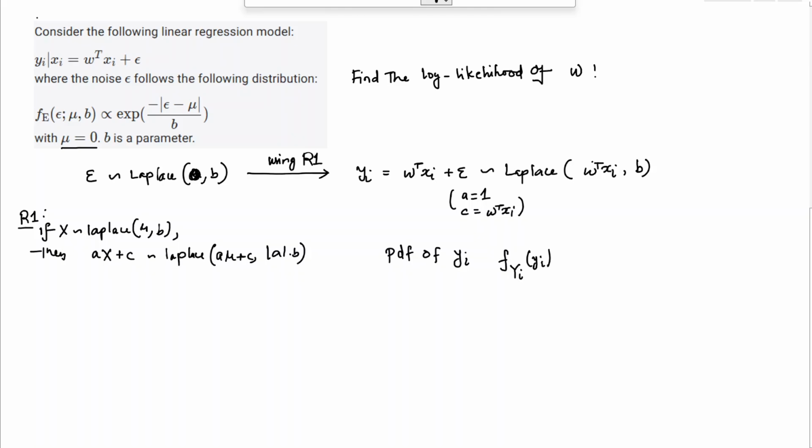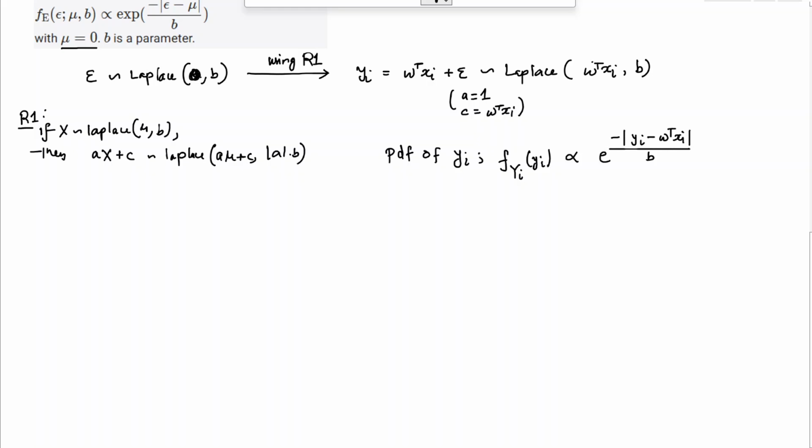We are ignoring the constant term, so we'll say it's proportional to e to the power of minus mod of (yi minus w transpose xi) divided by b. Now this is the PDF of yi.